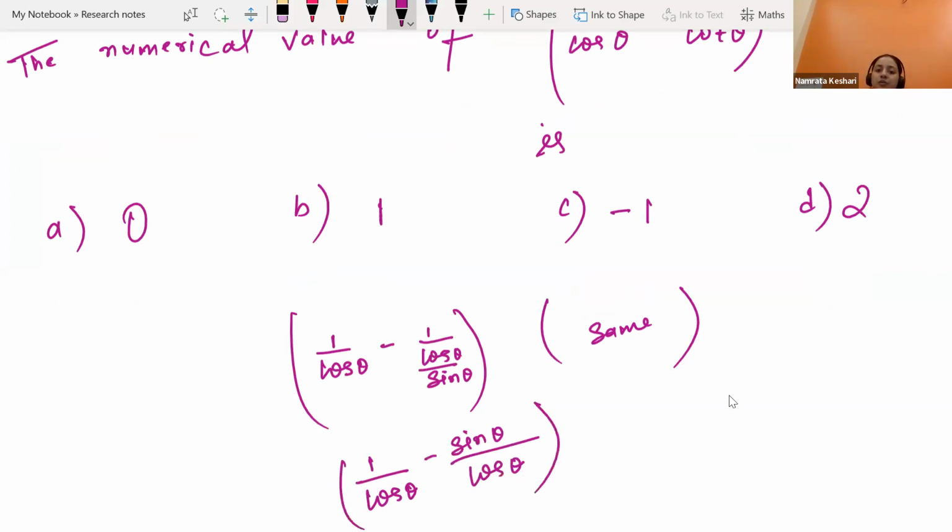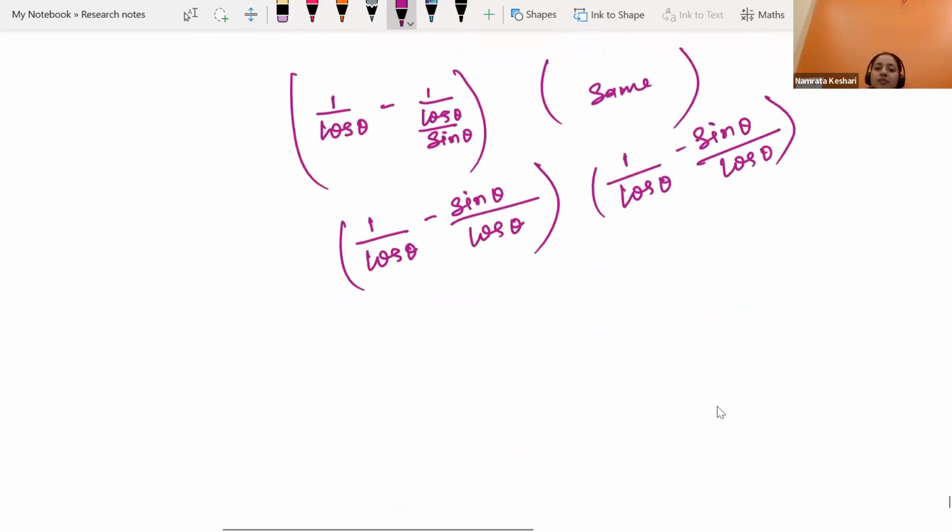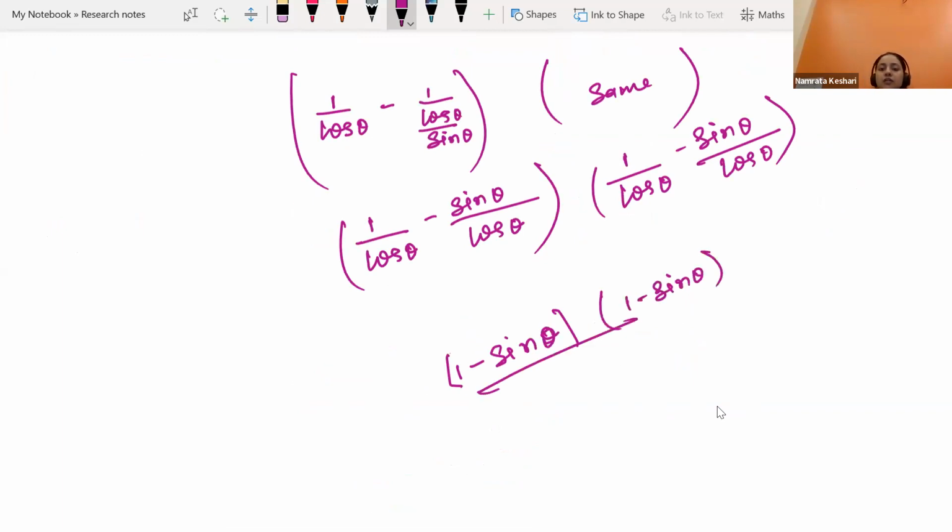Yes or no? And the same thing, 1 by cos minus sine by cos, in the other bracket. Now we can take out cos theta as the LCM, and we'll be having 1 minus sine theta over here, 1 minus sine theta over here. Cos theta and cos theta, we can write together as cos square theta.